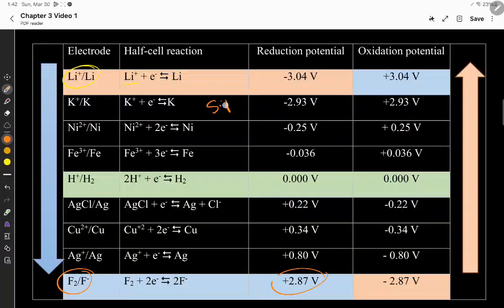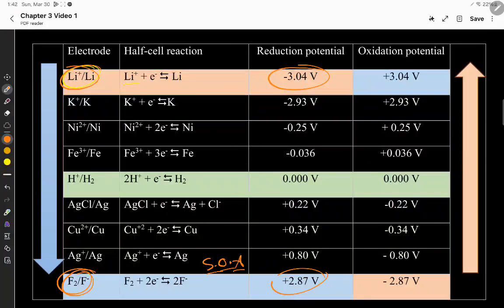The strongest reducing agent is going to be the least value of reduction potential, which is lithium. So lithium is the strongest reducing agent. If we speak about oxidizing agent, which substance has the more value is the strongest oxidizing agent. Now, fluorine is the strongest oxidizing agent.